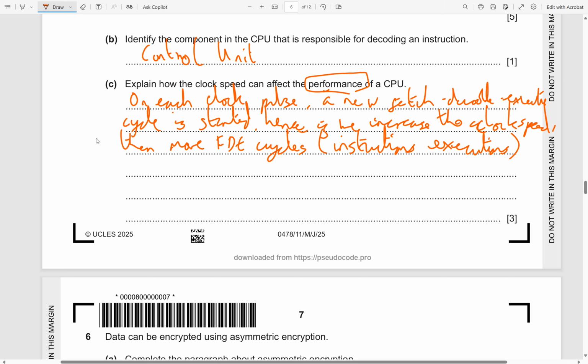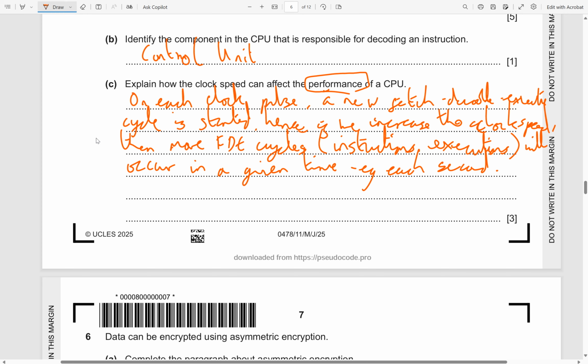Executions will occur or will start in a given time, e.g. each second. Hopefully that should be enough.